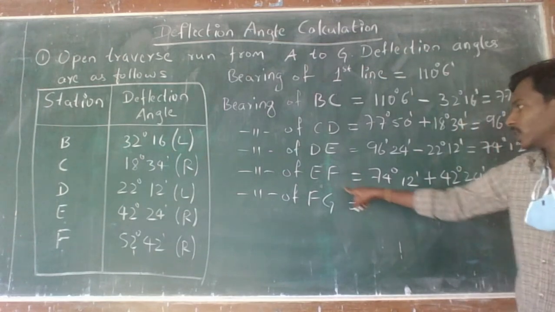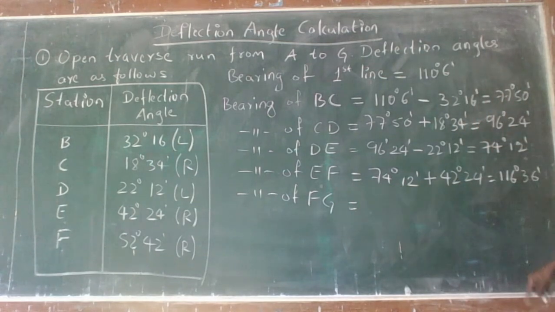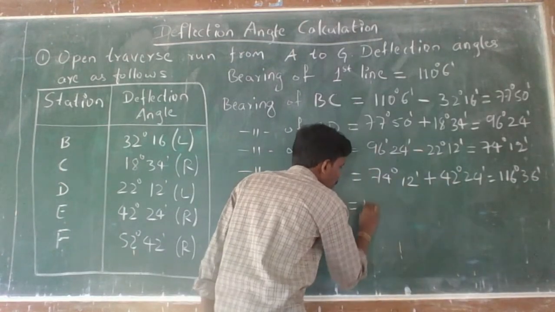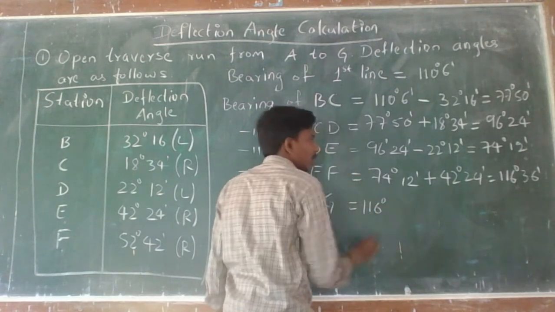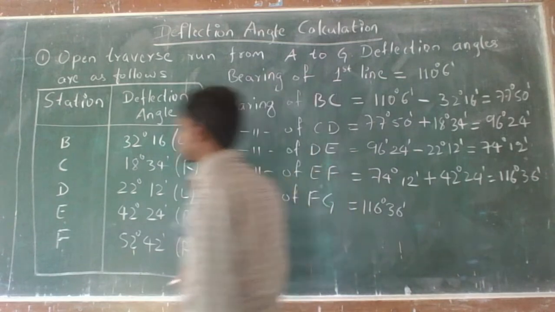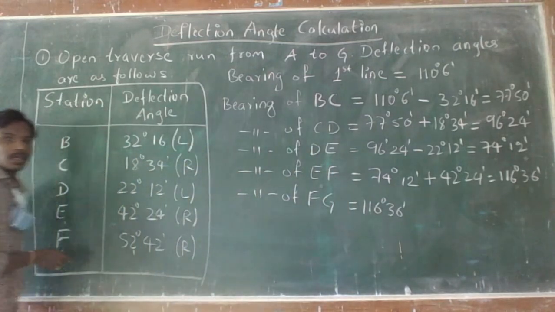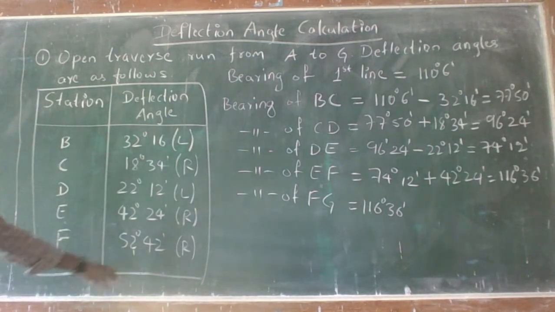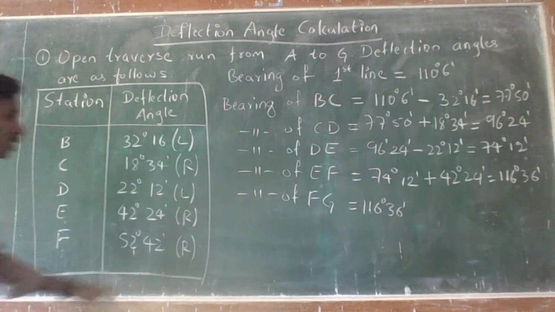The previous line is EF, and the bearing of EF is 116 degrees 36 minutes. So take the value 116 degrees 36 minutes. Now look at the table. Here the station F has the deflection angle of 52 degrees 42 minutes towards right.